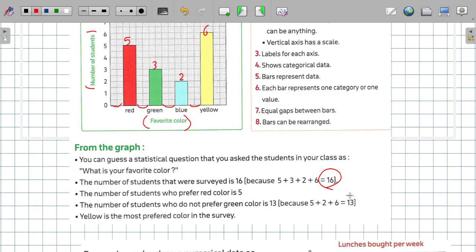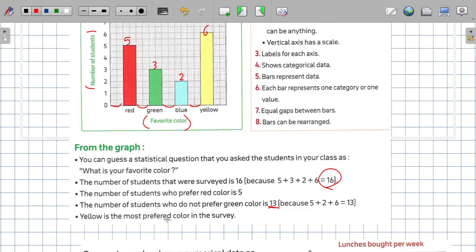And if I wanted the number of students who do not prefer green color, so I will add the other colors. So I have here 5 and 2 and 6, so it will be 13. So I will cancel the green color from my total number to get the number of students who do not prefer green color, okay?